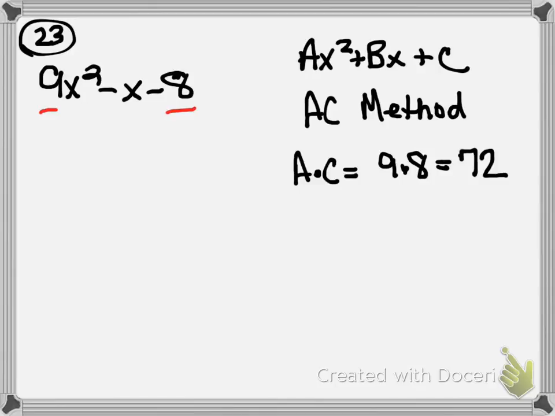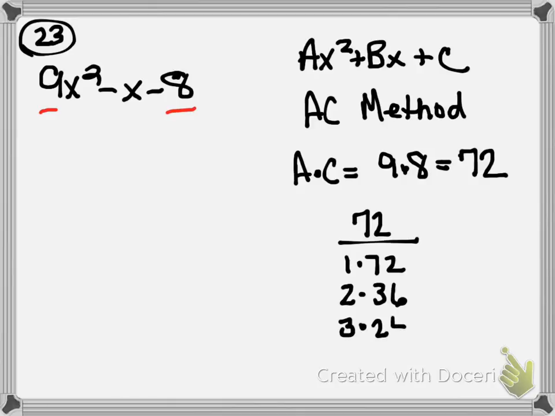If I look at the factors of 72, that's going to be 1 and 72, 2 and 36, 3 and 24, 4 and 18, 6 and 12, and 8 and 9.